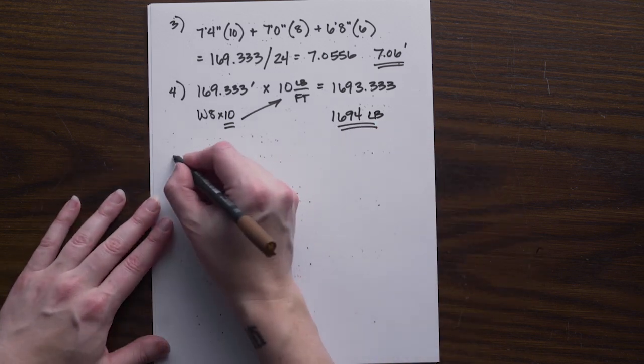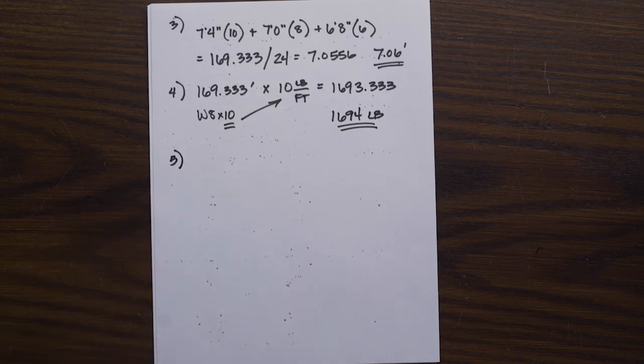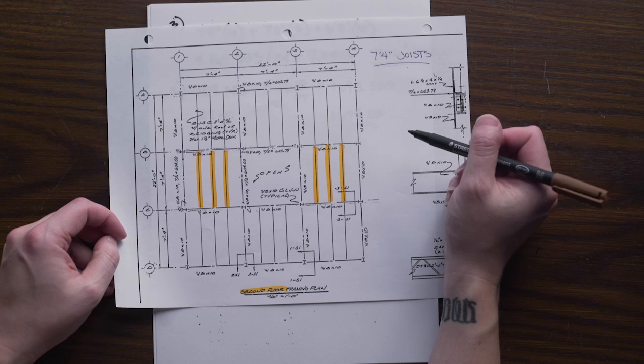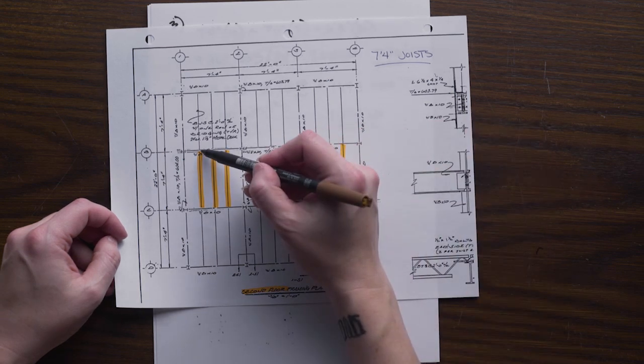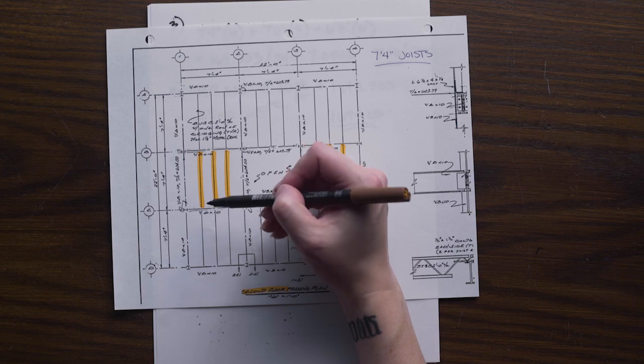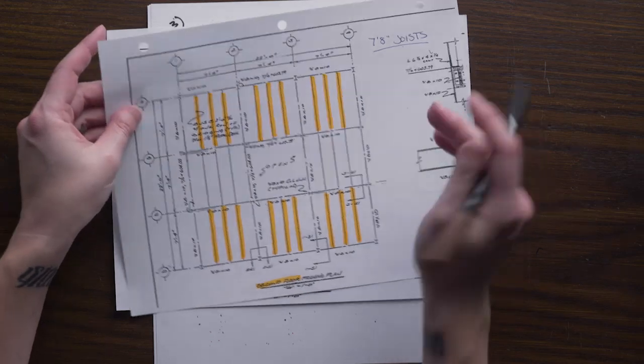For number 5, we are looking at our joists for our structure. So just like with our second floor beams and girders, we have 2 different lengths. We'll have ones that run from center to center, and then we will have ones that run from center and then out past.